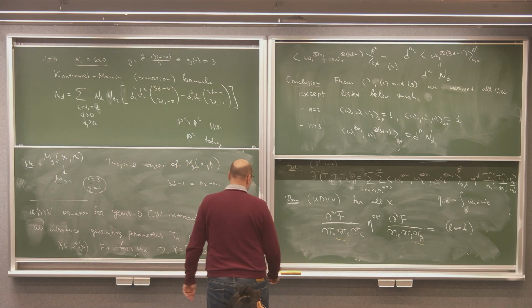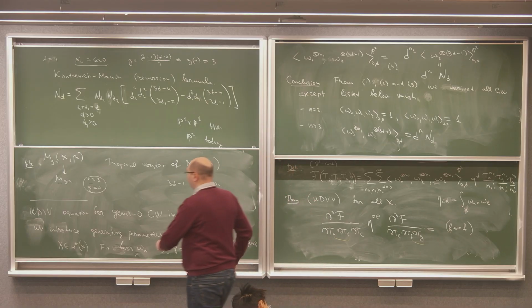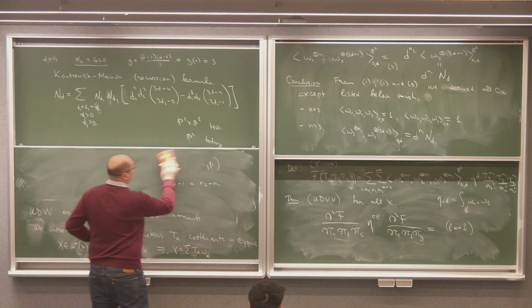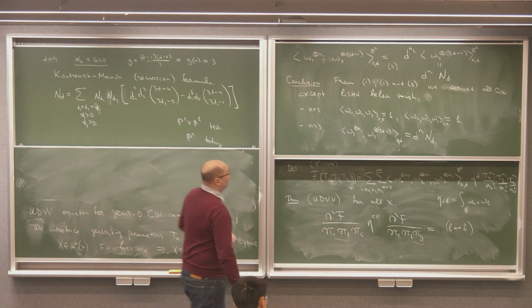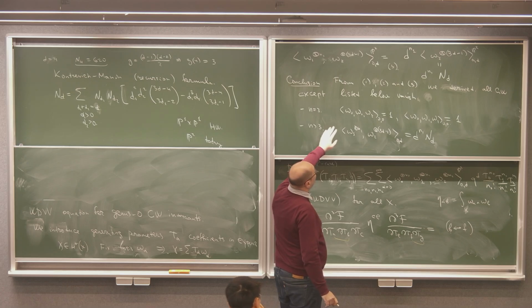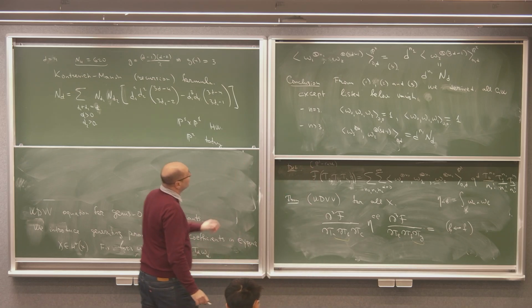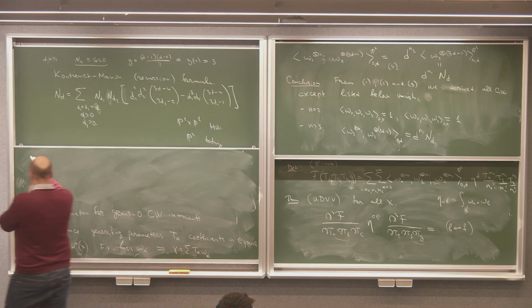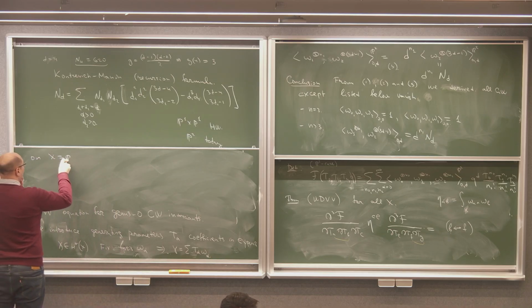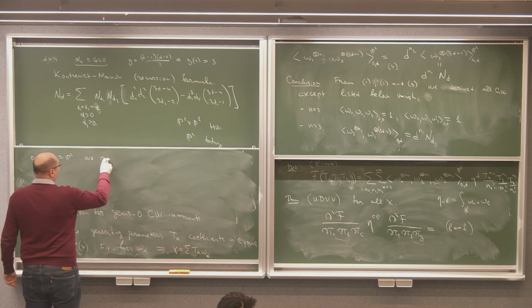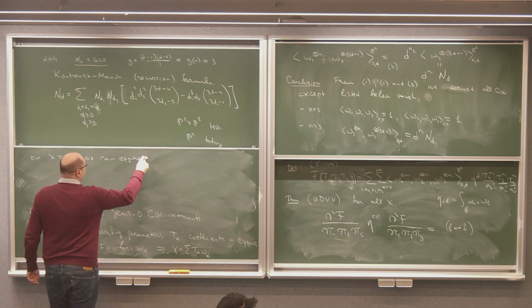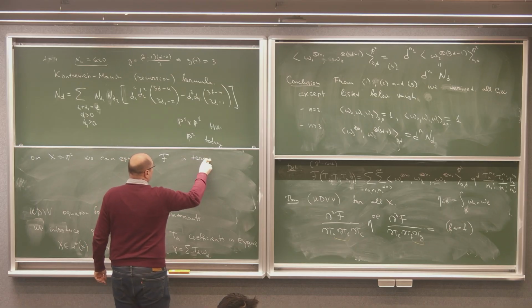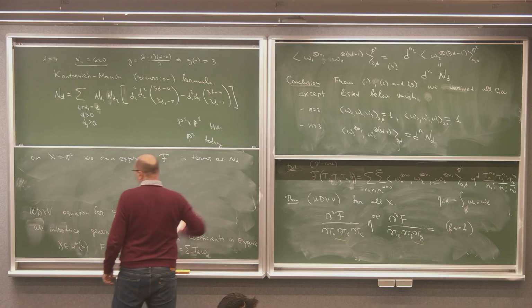And it turns out that if we use this simplification for Gromov invariants on x equals P2, we can express f in terms of N_d.